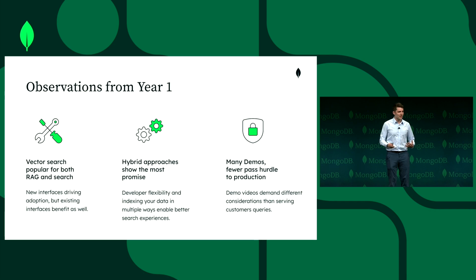So a couple considerations. A lot of them might seem kind of obvious. Vector search is a methodology, so the fact that it can be used for multiple types of interfaces, not just RAG and more forward-looking interfaces, but things that we're very familiar with, like search experiences. This has been a huge driver of usage as well. We're also seeing a lot of people find a lot of value from vector search, but also hybridizing it with other techniques.